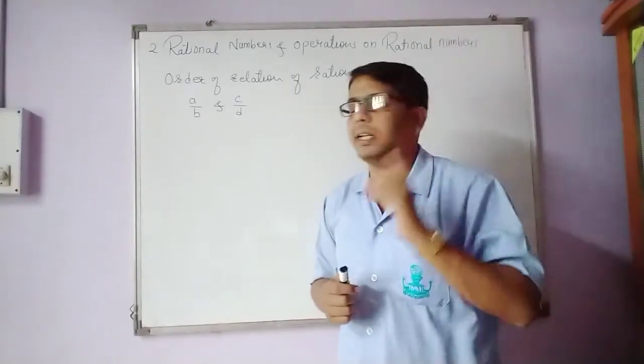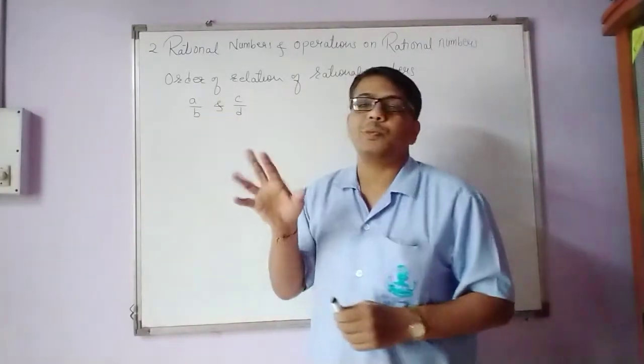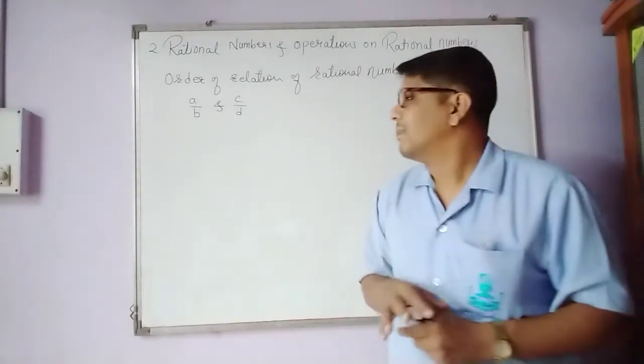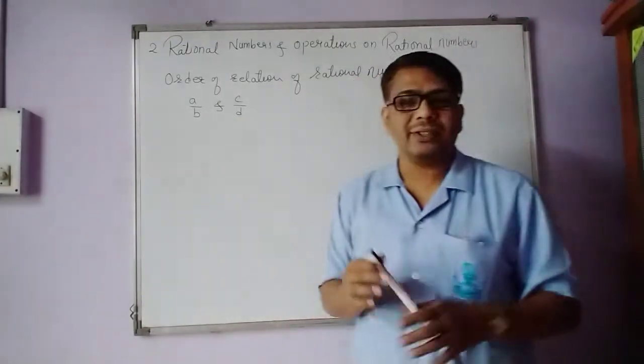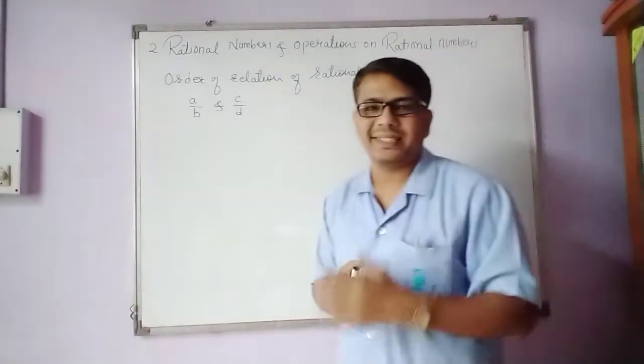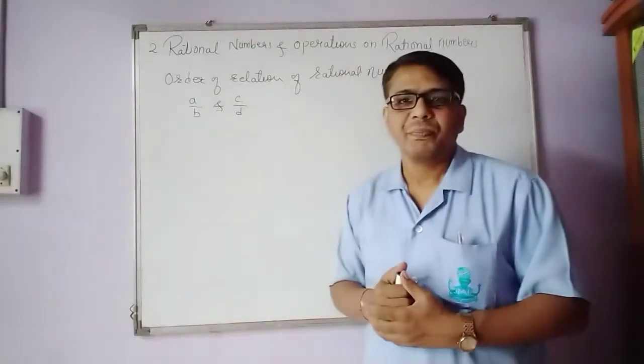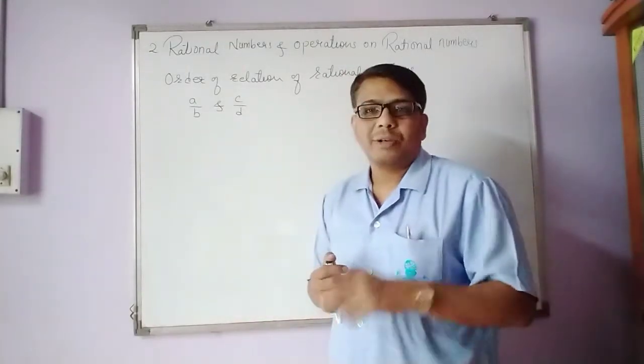So first method, make the denominators positive, and then, as the denominators are not equal, you have to equalize them. We know how to do it: cross multiplication.